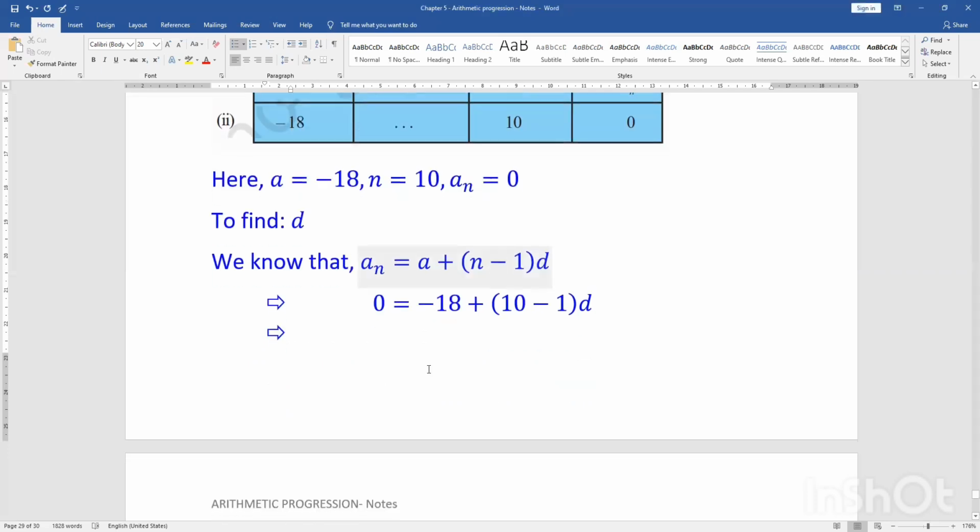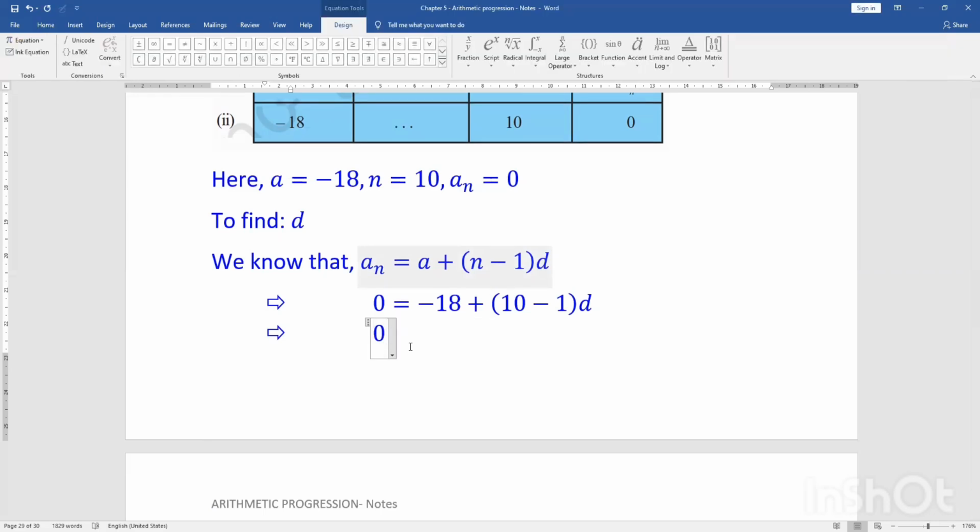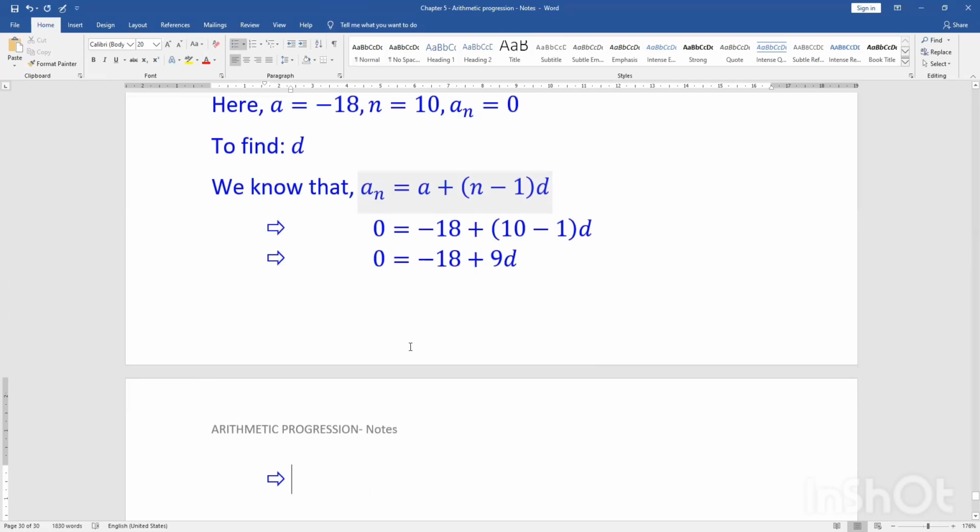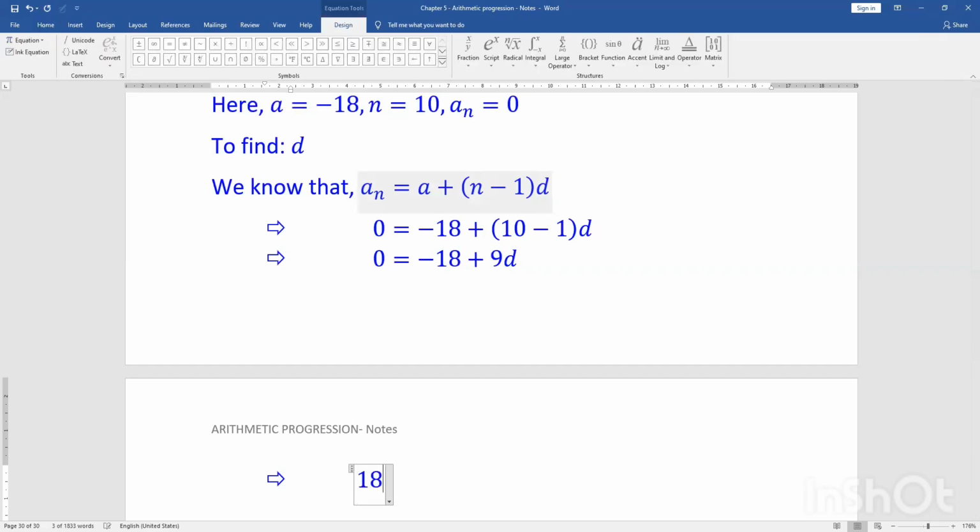Now here I'm going to write 0 equals to minus 18 plus 10 minus 1 is 9, so 9d. In the next step, we have 18, I'm going to transpose it to the left hand side.